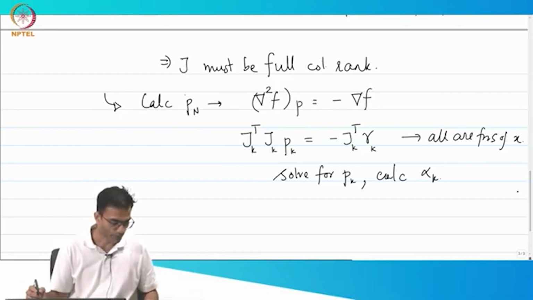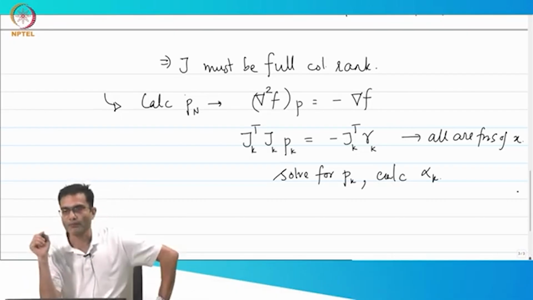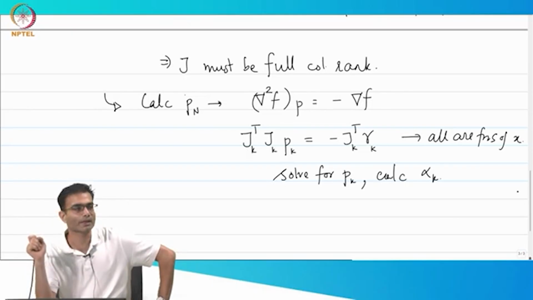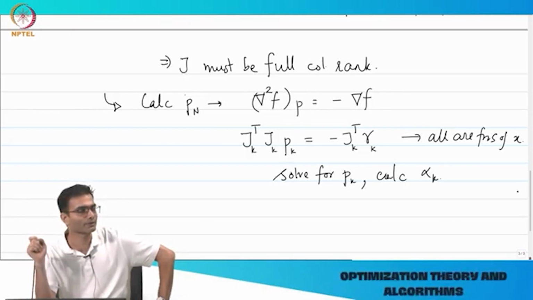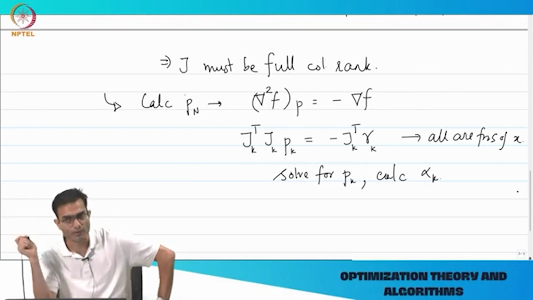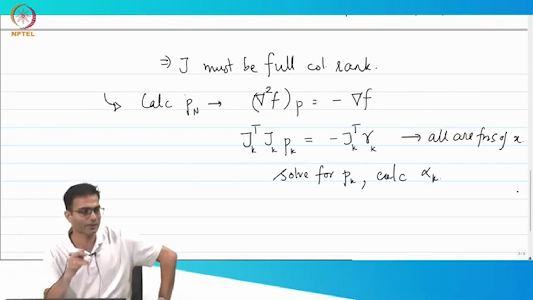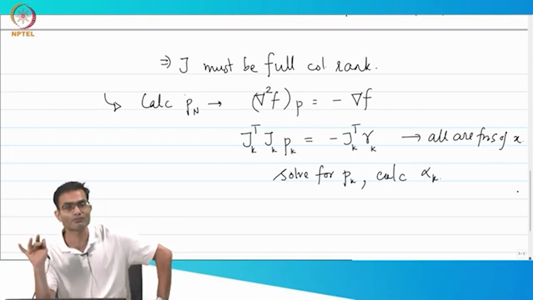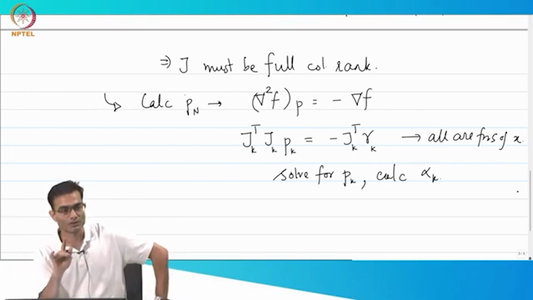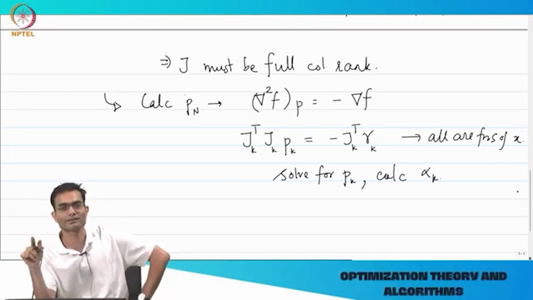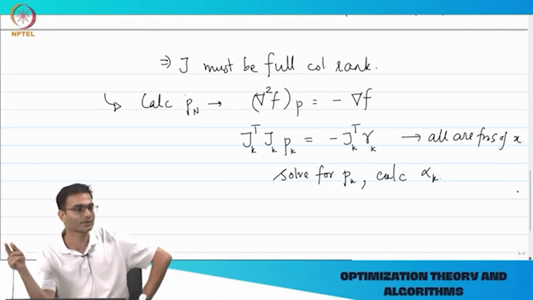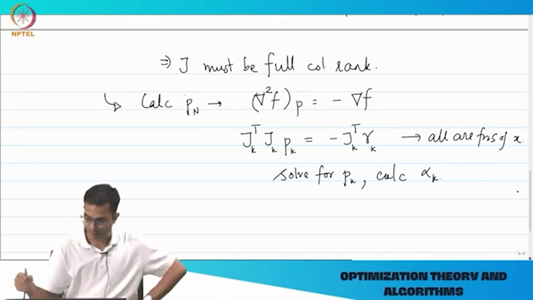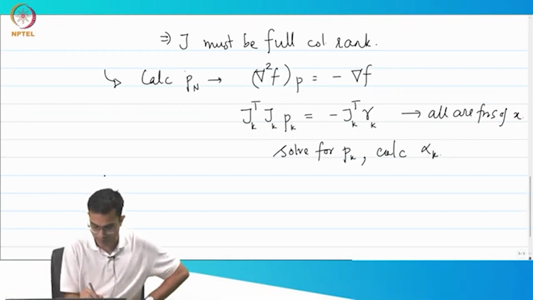One thing, if you can recall: what was the reason that I wanted to check for positive definiteness of the Hessian? Full column rank tells me that it's positive definite, but why do I want to check whether it's convex? So that the direction pk is actually a descent direction, right? Let's look at this once again.